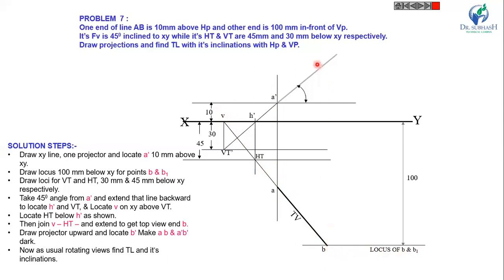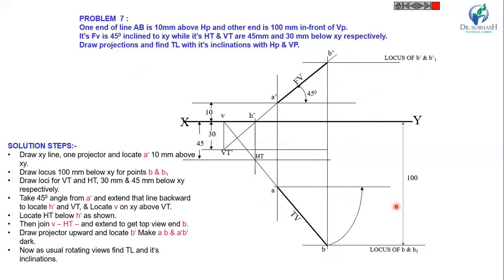Now you can find B dash by drawing the projector from B. This point is B dash. A dash B dash is the front view and this inclination is already given, 45 degrees. Now draw the locus of B dash and B1 dash and find the true length as usual. Draw a horizontal line from A, with A as center and AB as radius, and draw an arc in this direction.